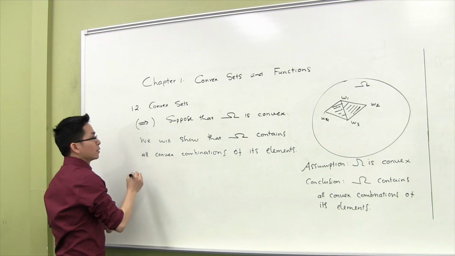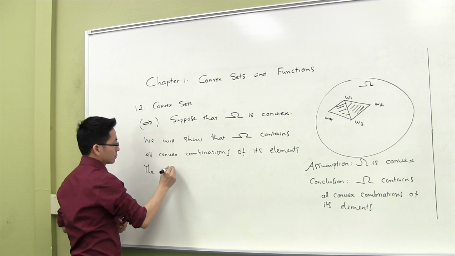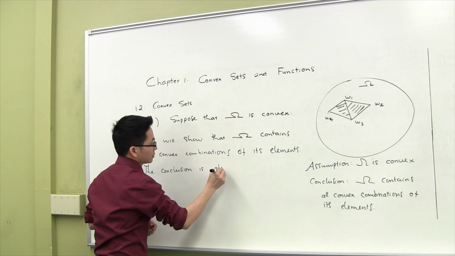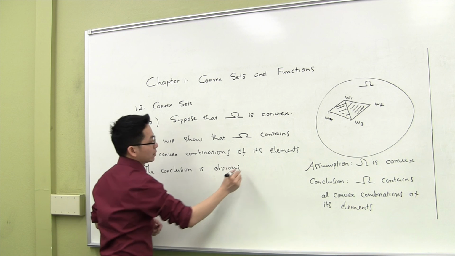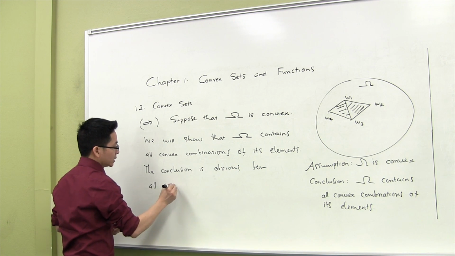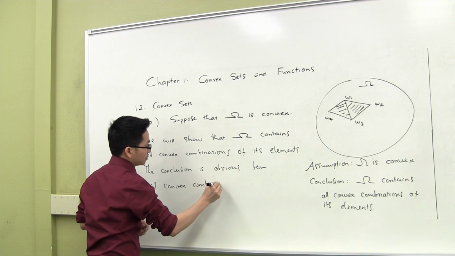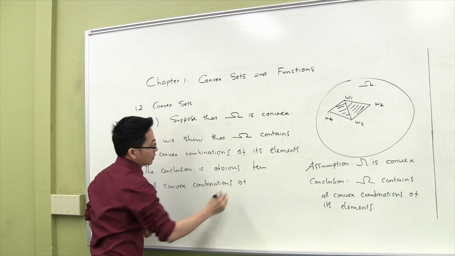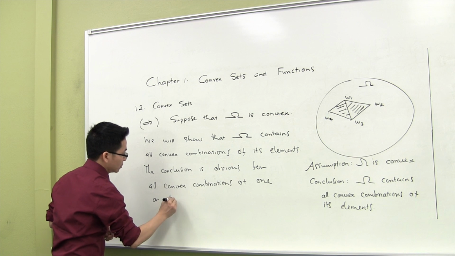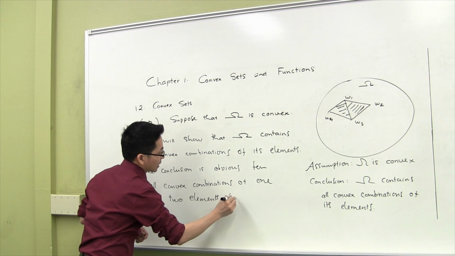Okay, so the conclusion is obvious for all convex combinations of one or two elements of omega.